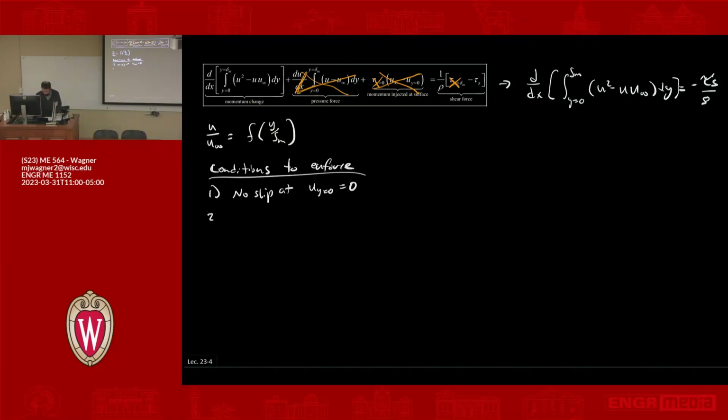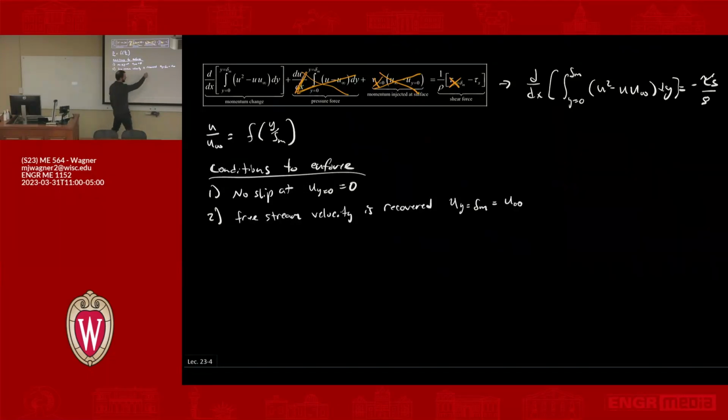Second, make sure the free stream velocity is recovered. That's just saying u at y equals delta m is equal to u infinity, where m is a subscript. So u of y at delta m would be equal to u infinity. We're just enforcing that condition, just like we do at the y equals 0 condition.